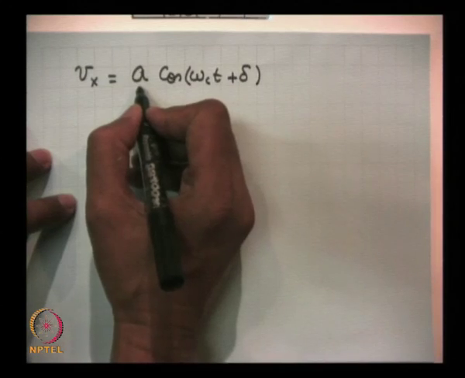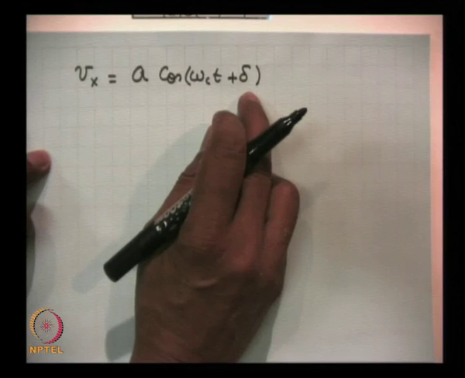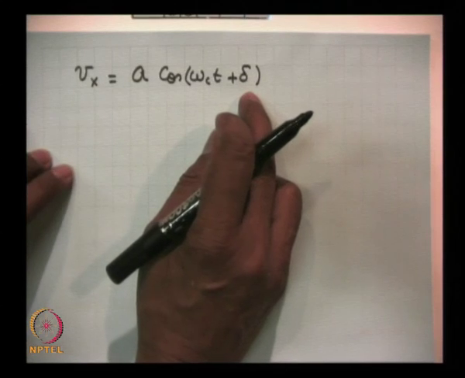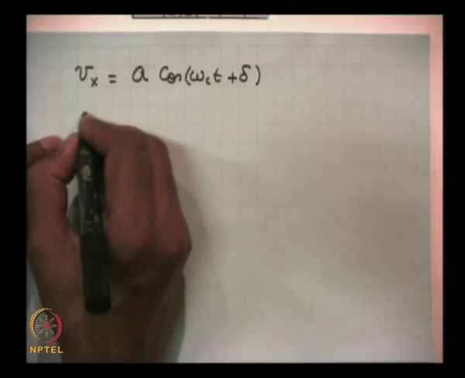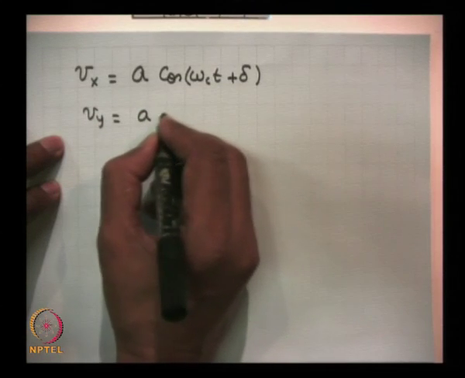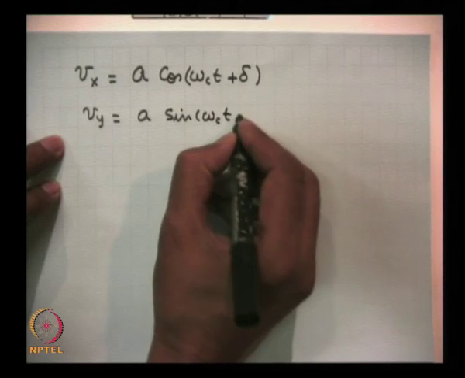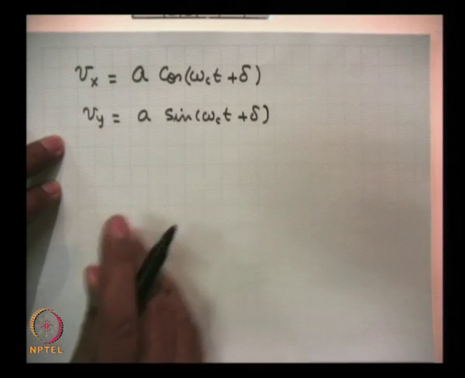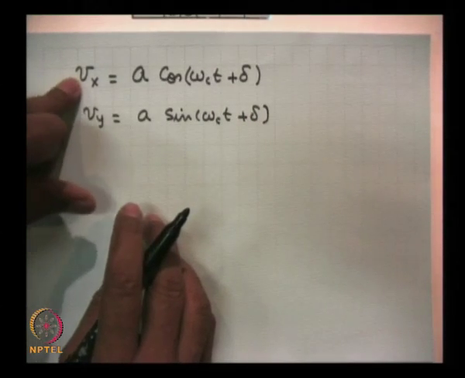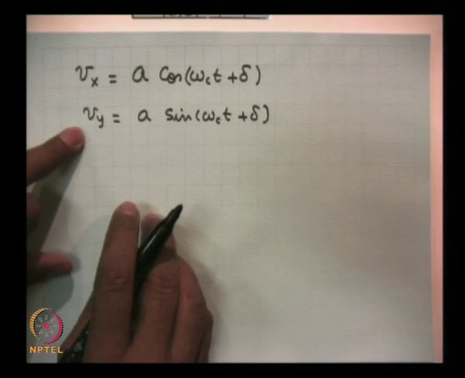So, this is one constant, this is another constant, and if Vx is like this, and if you use the x component equation of motion, then Vy can be obtained to be equal to A sin omega ct plus delta. So, I have substituted the value of Vx in the x component of equation of motion, and I get the value of Vy.